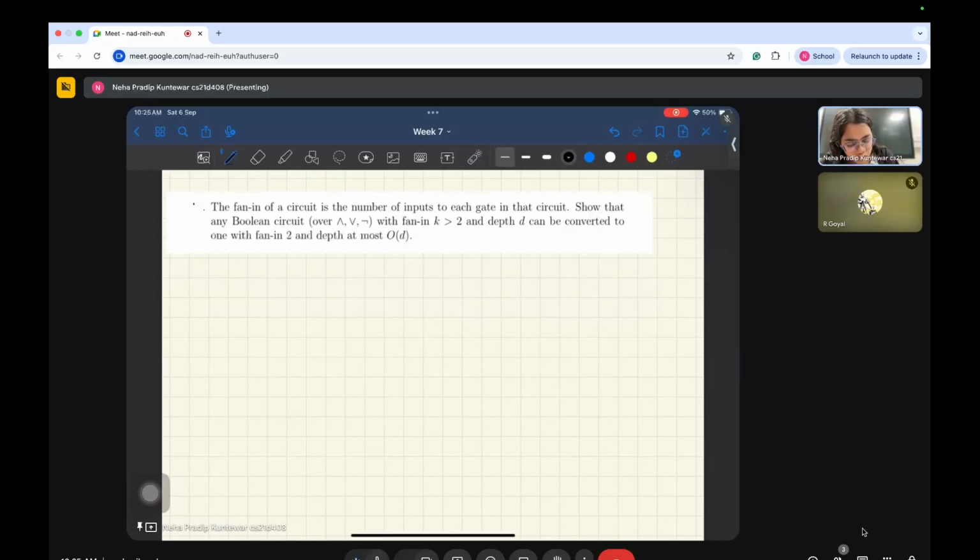The fan-in of a circuit is the number of inputs to each gate in the circuit.